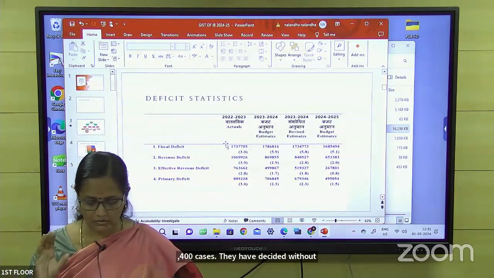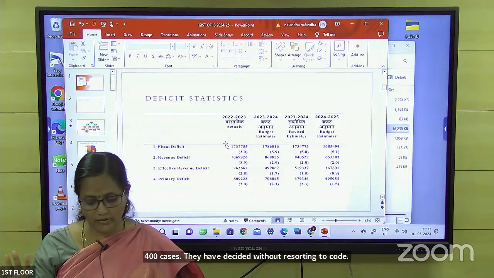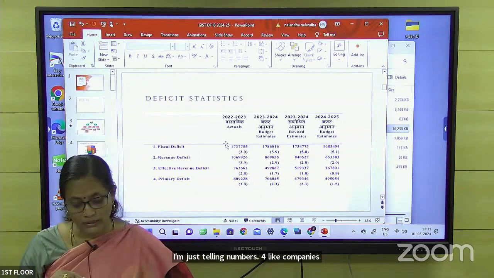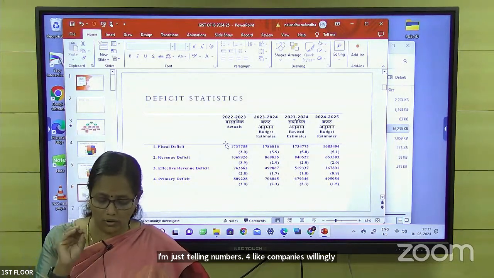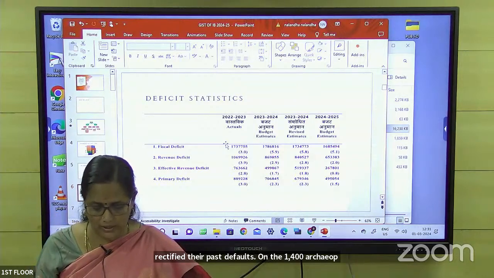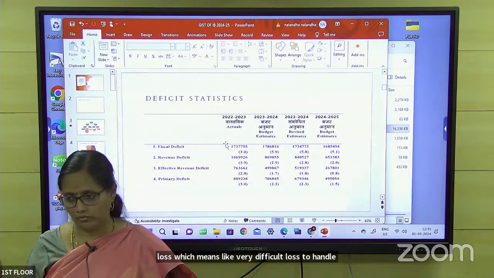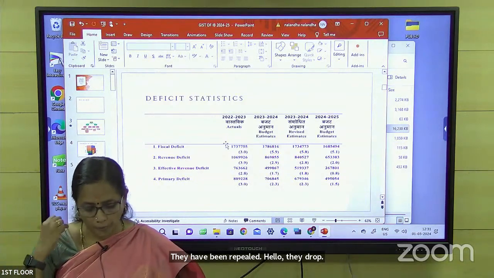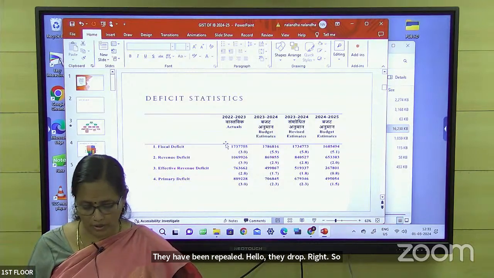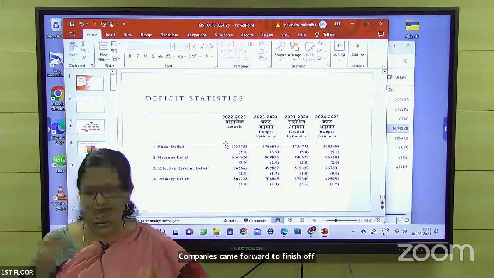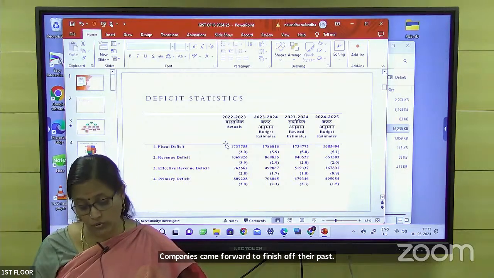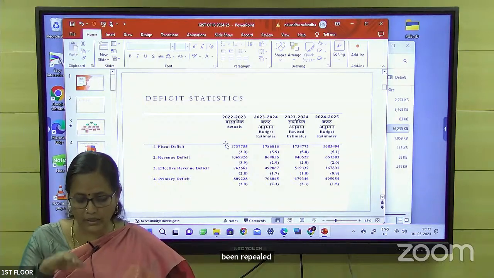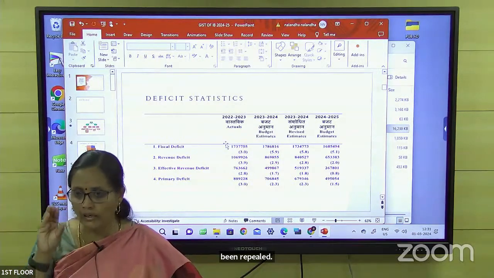I'm just telling numbers: 4 lakh companies willingly rectified their past defaults, and 1400 archaic laws, which means very difficult laws to handle, have been repealed. This all happened under the decriminalization of minor economic offences.